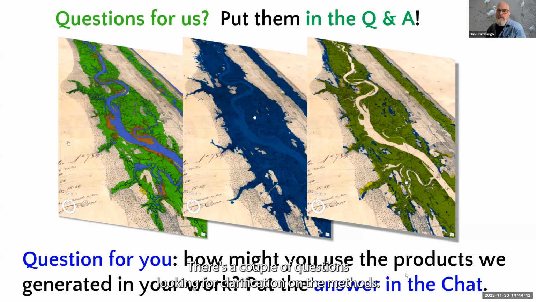Sure. There's a couple of questions looking for clarification on the methods. One of them is whether you can clarify or go into more detail on why we couldn't do the formal change analysis with the NWI. Is there a way to remedy that?